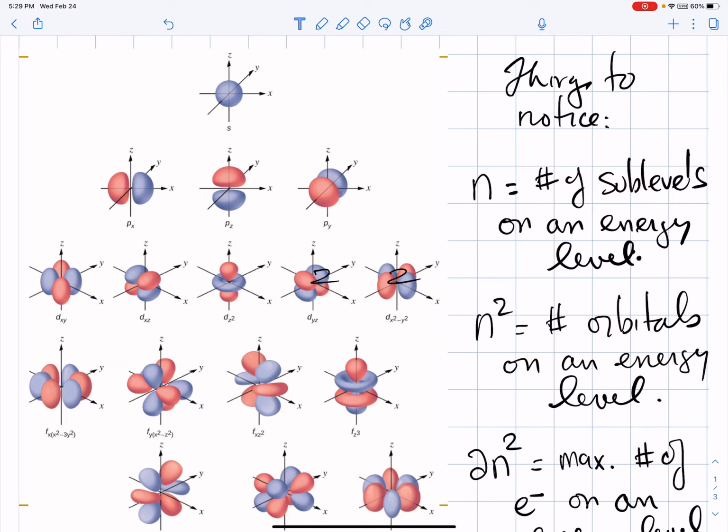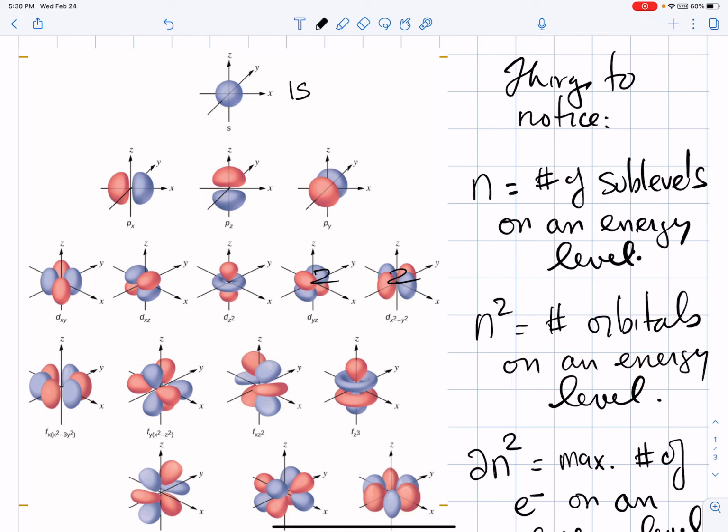Let's just quickly review. So when you're on the first energy level within the atom, this would be like the first orbit in a Bohr model, the new model says there is only one sublevel in that first energy level. We refer to it as the 1s sublevel, and that sublevel has one orbital, a 1s orbital.